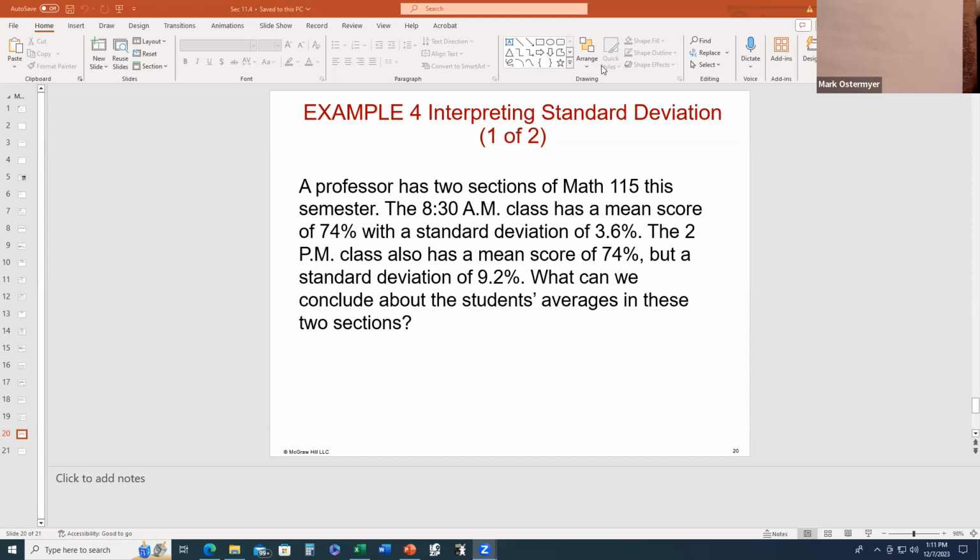Are the standard deviations the same? No, they are not. So can anybody tell me how we would use the standard deviations, namely the differences between the standard deviations, to more accurately assess the performance of the morning versus afternoon class?